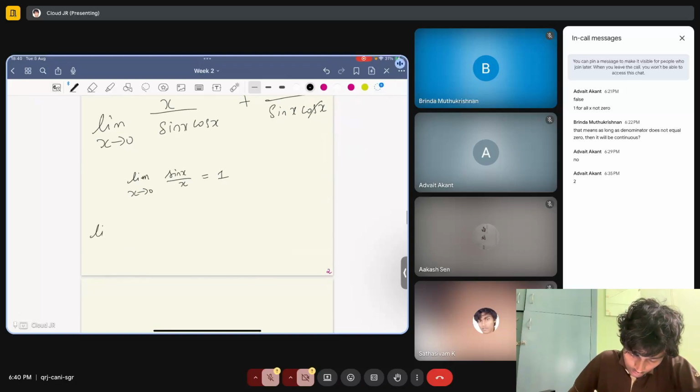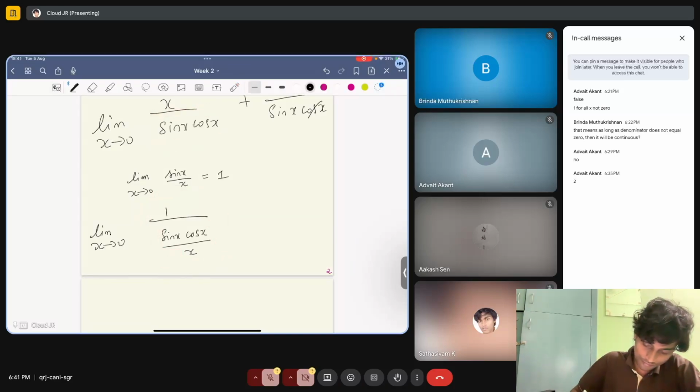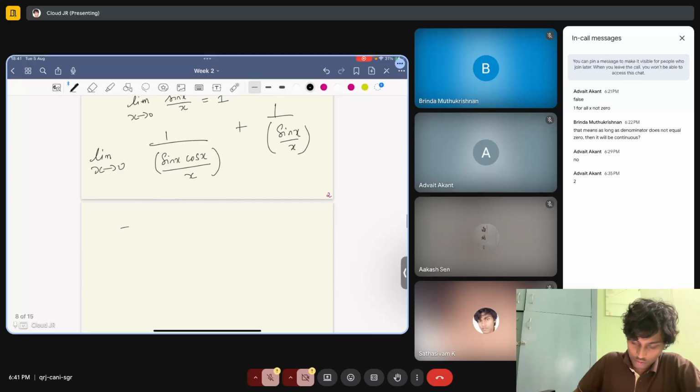So what we do is we look at the limit as x tends to 0 of 1 by sin x by x, times 1 by cos x. Okay, I'm just going like this. Plus, we will do the same thing here: 1 by sin x by x. Okay. So here now we apply the limit.